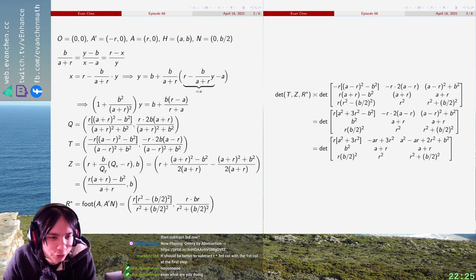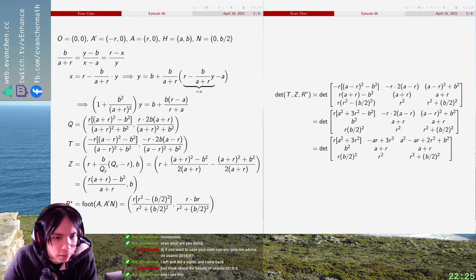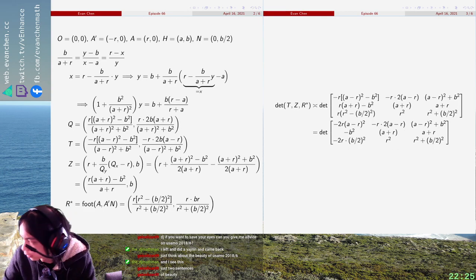Okay, so if I subtract off r times the third column, this term disappears. And then here, okay, so that's what that gets.